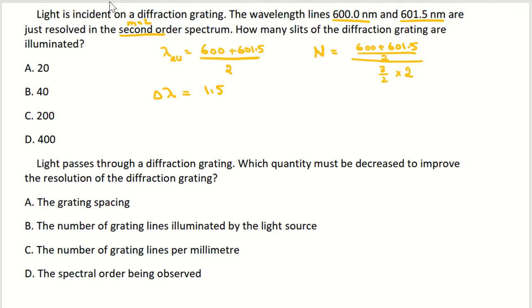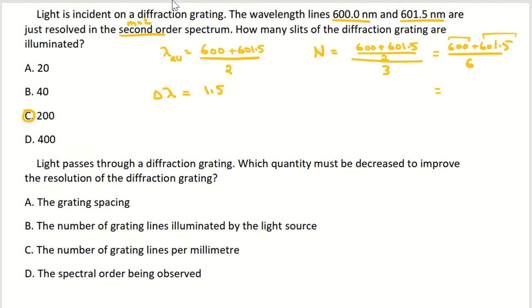So basically this is going to be equal to 3 here, and this one is going to be equal to 600 plus 601.5 over 6, which means that approximately it's 200. Okay, because if you add these two together, or if you divide each part by 6, 100 plus 100 approximately will give you a 200.